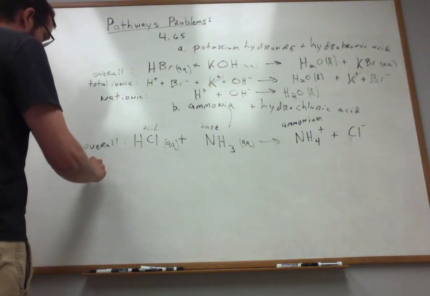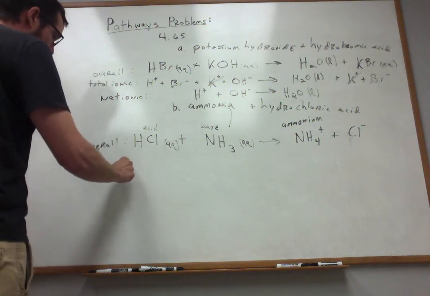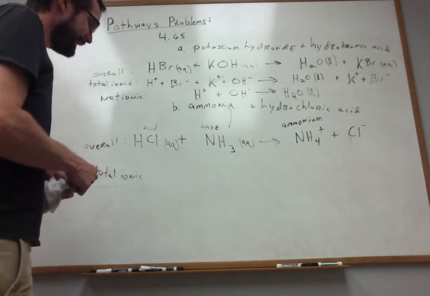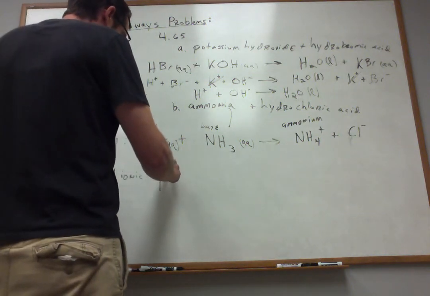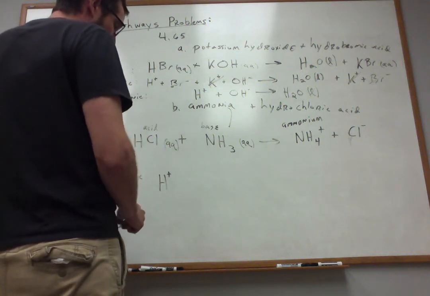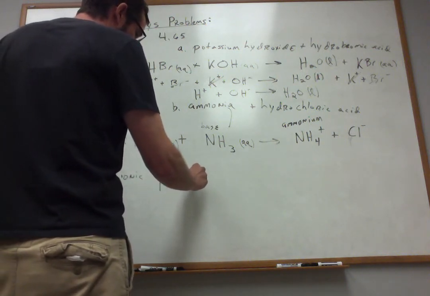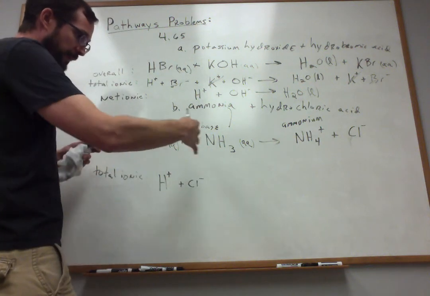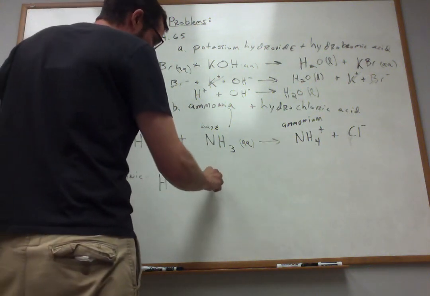Now, if I'm going to write a total ionic reaction, I again write all my species that exist as ions. So for HCl, since it's a strong acid, I'd write H+ plus Cl minus, because when you put this into solution, these ions are separated. They're floating around separately from one another.